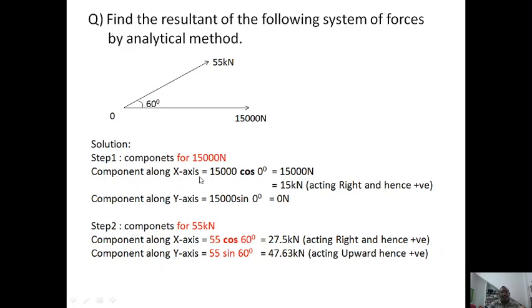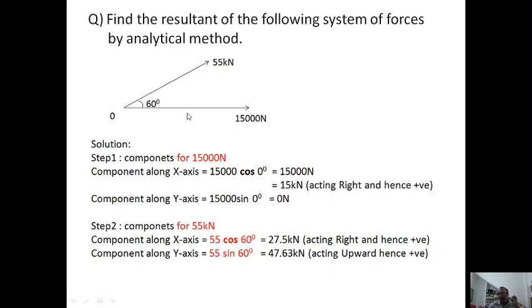So along the x-axis, the 15,000 newton is purely in the x-axis. Hence, theta is 0 for this one towards the direction of the positive axis. Hence, the same value is taken. For the y-axis, theta is 0, but the component is sine 0, hence 0, because sine 0 is 0, hence it gives 0 newton.